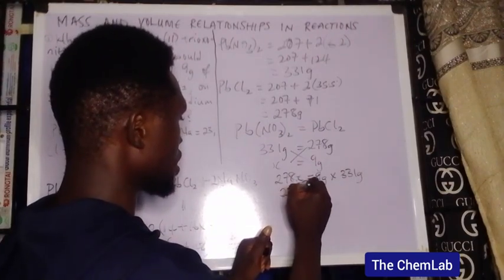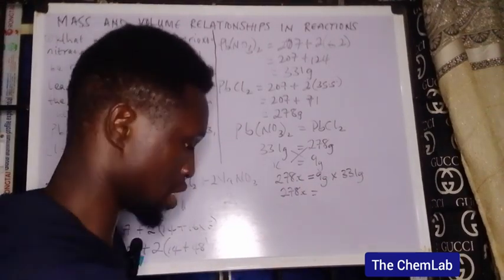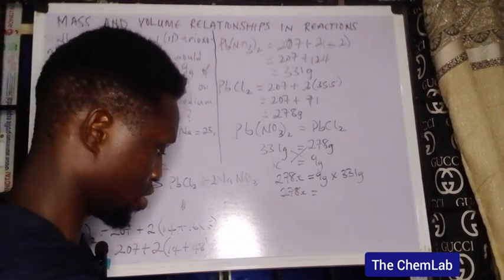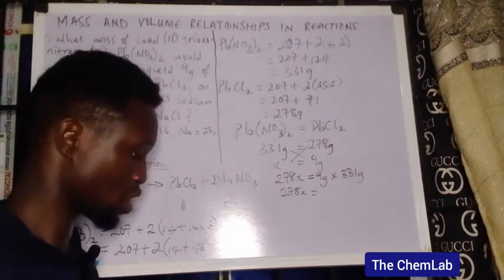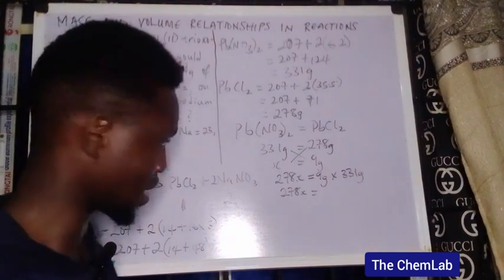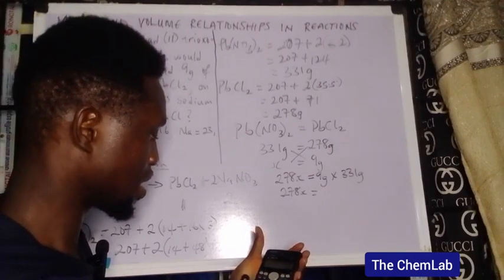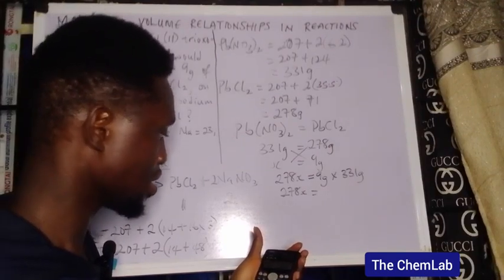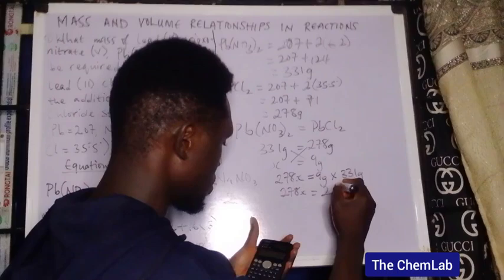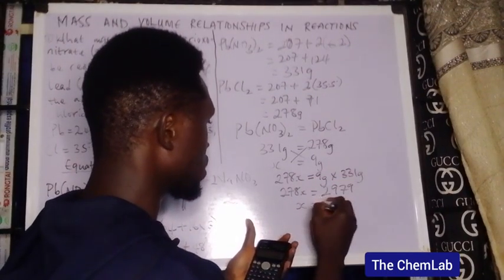So we have 278 X equal to 9 times 331, which gives 2979. Divide both sides by 278.